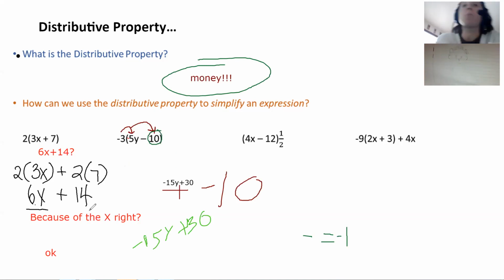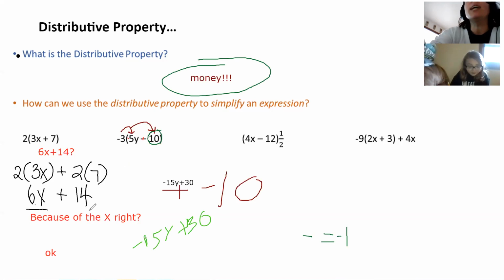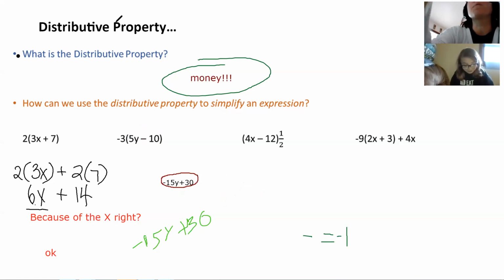Ooh, Annabelle, good work. But let's write this stuff down. So we want to change this to, and the 5 wouldn't go negative. It would actually be that 10 that goes negative, because we want to kind of slide it to the right. So it's actually changing to plus -10.